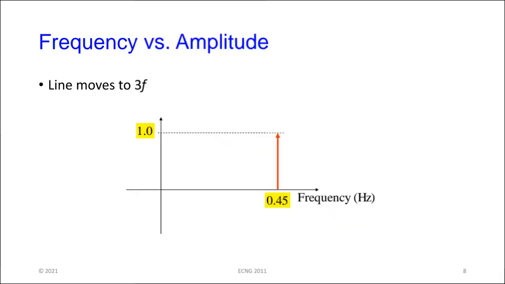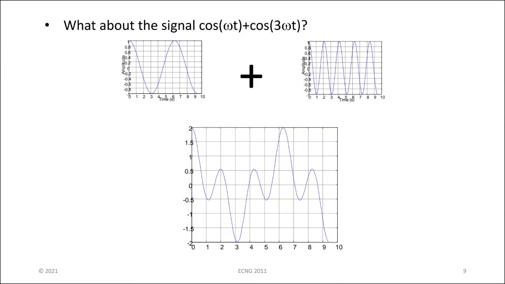So plot signal frequency versus amplitude, and the line moves to here. What about this? If I add the two of them together, so I run this into a little summing circuit, I'm going to get the signal coming out below here.